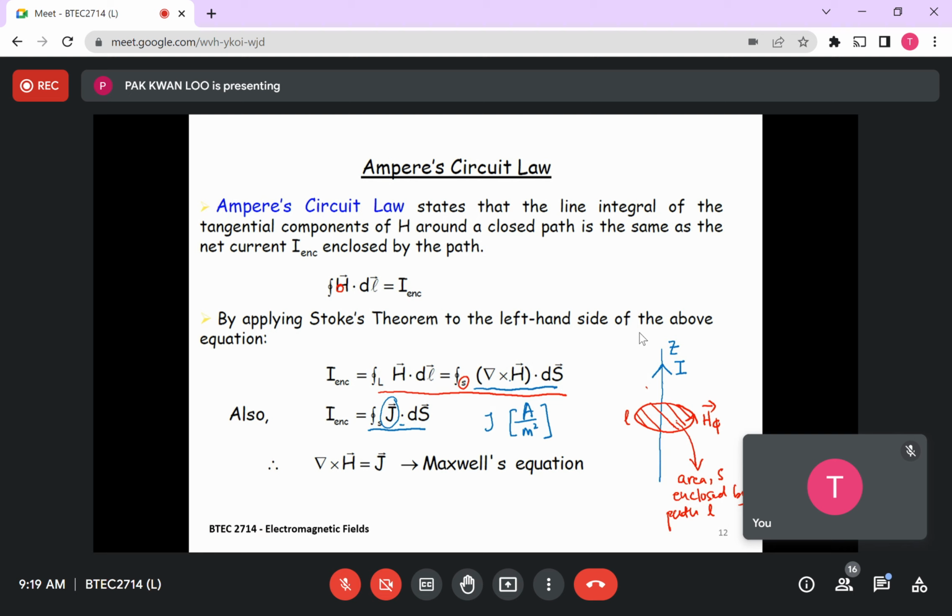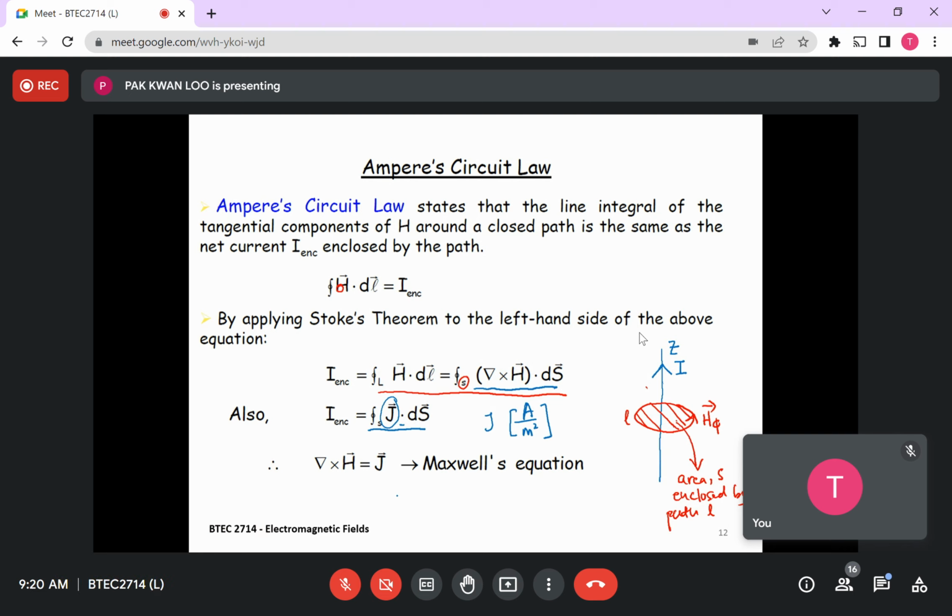So we have seen a similar concept in the electric field. If the electric field is conservative and we apply a closed path, the work done is zero.